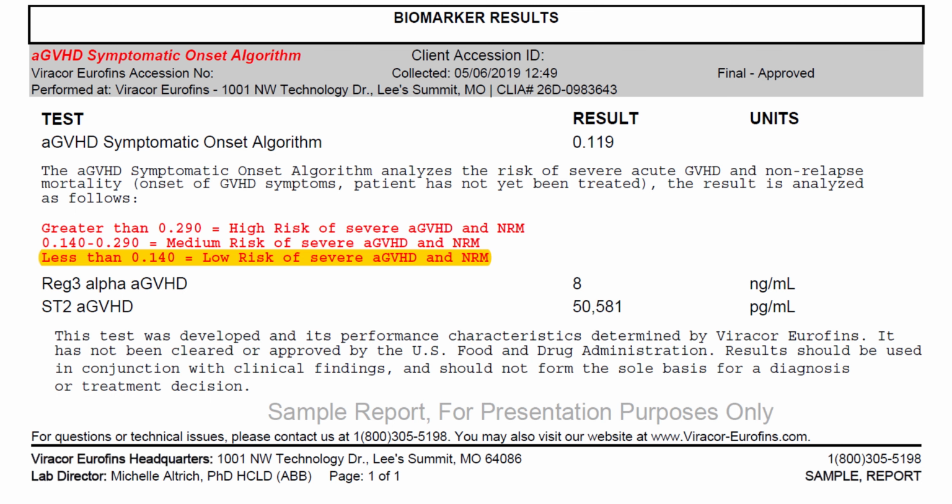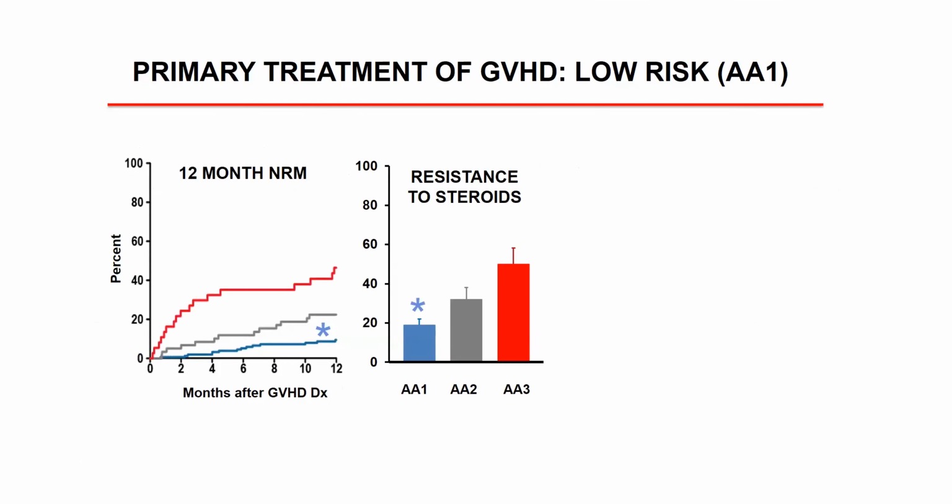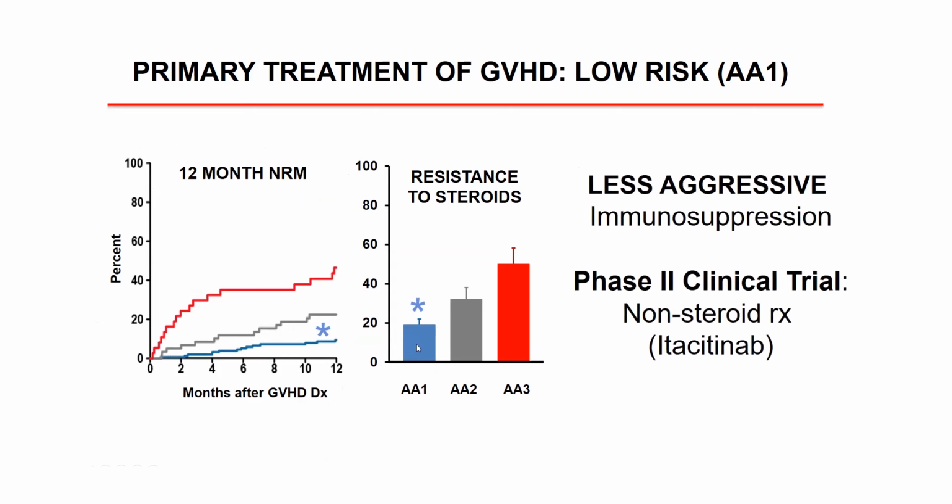So you interpret it as being less than 0.14, or low risk for severe acute GVHD in the future and NRM. So he again is on the blue line. He'll only have about a 10% non-relapse mortality 12 months after the diagnosis. He's only got a 1 in 5 chance of being resistant to steroids.